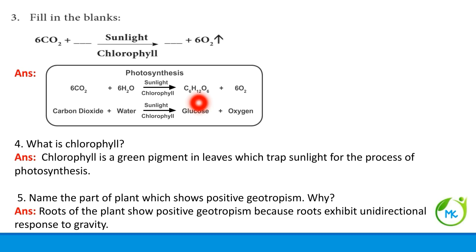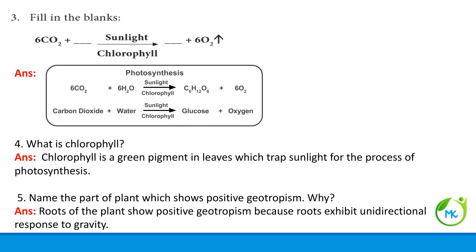It is glucose, C6H12O6. You have to write the numbers as subscripts; you should not write C6 on the same line, you have to write below. C6H12O6 plus 6 O2. So carbon dioxide plus water in the presence of sunlight and chlorophyll gives us glucose plus oxygen.